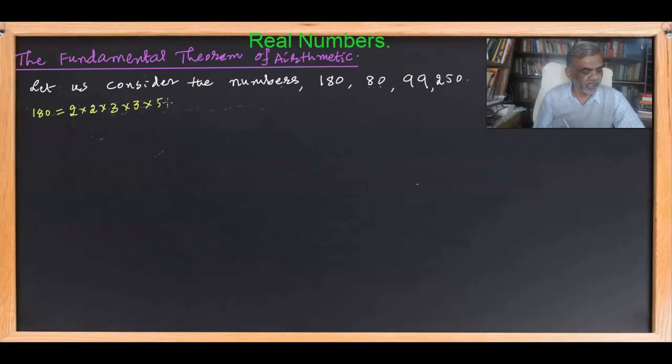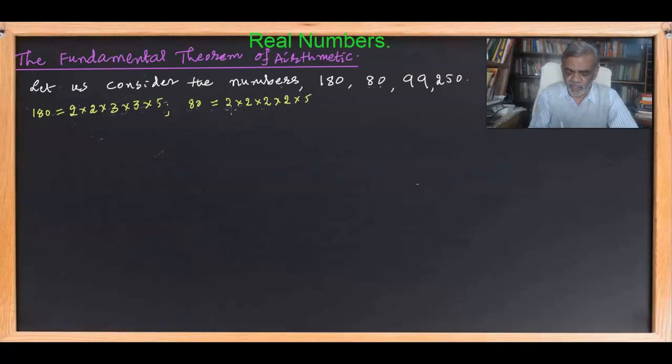This is equal to 4 into 9 into 5, that is going to be 180. And second one, 80 can be written as 2 into 2 into 2 into 2 into 5.